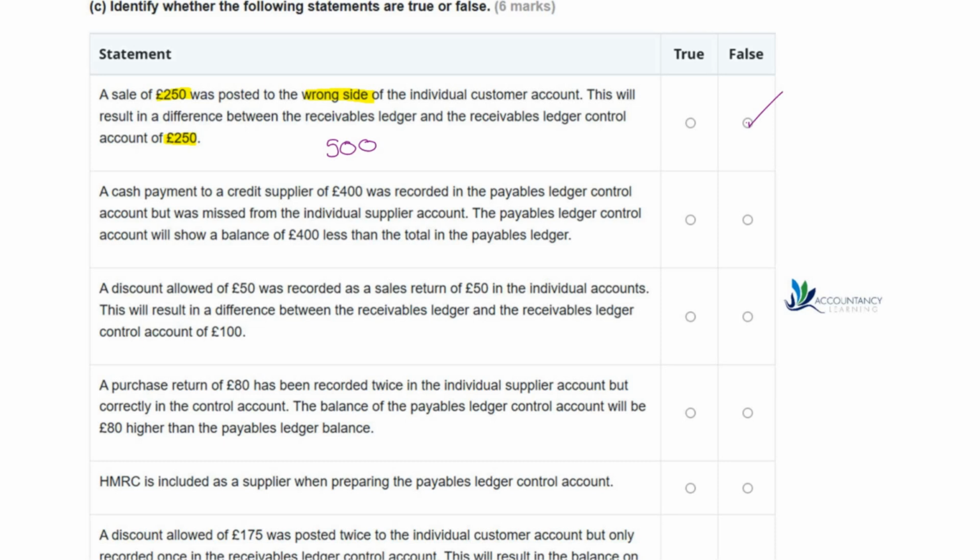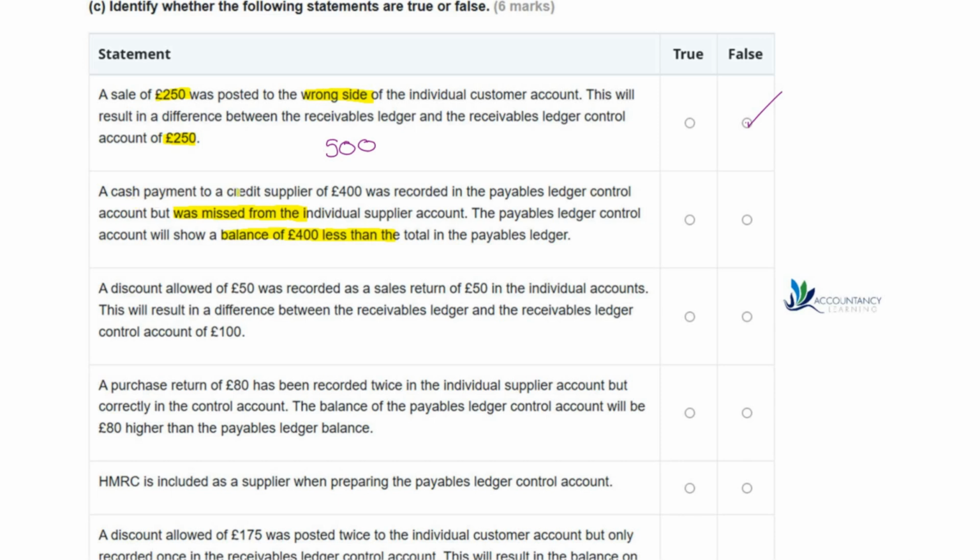A cash payment to a credit supplier of £400 was recorded in the payables ledger control account, but was missed from the individual supplier account. The payables ledger control account will show a balance of 400 less than the total in the payables ledger.